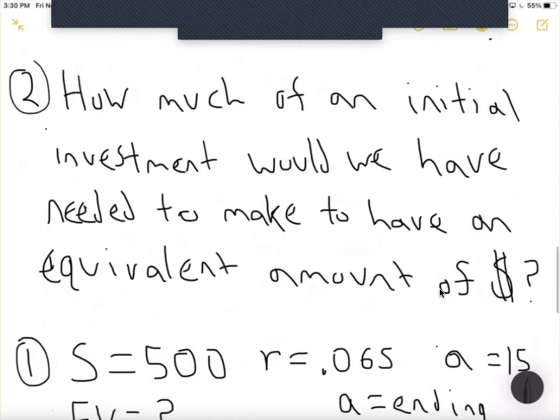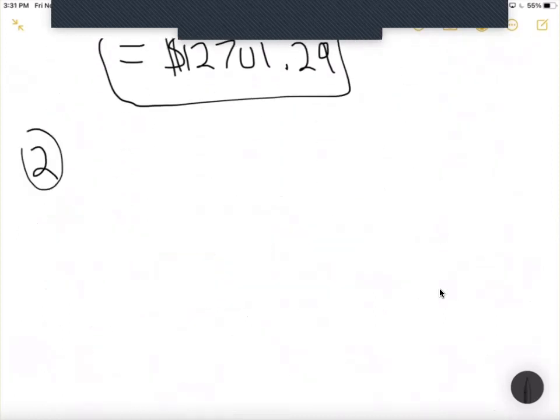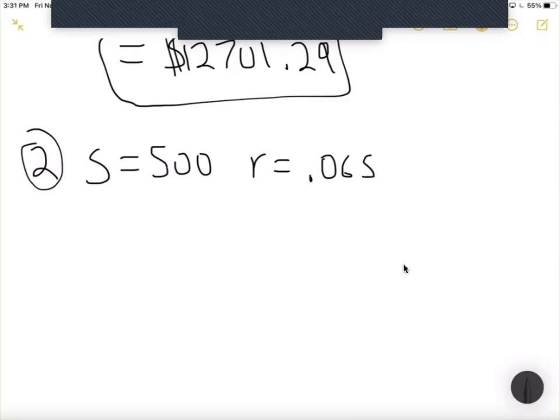Question one again was how much money will we end up with after 15 years? So we're relating our income stream to our future value. For number two, how much of an initial investment would we have needed to make in order to have an equivalent amount of money? This is asking us to compare that income stream to an equivalent starting value. So it's asking us to compare our income stream to a present value. So for number two, we have all the same starting information. S is 500, R is 0.065, and A is 15 years.